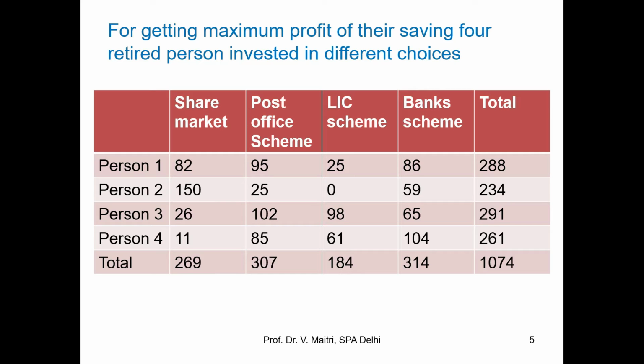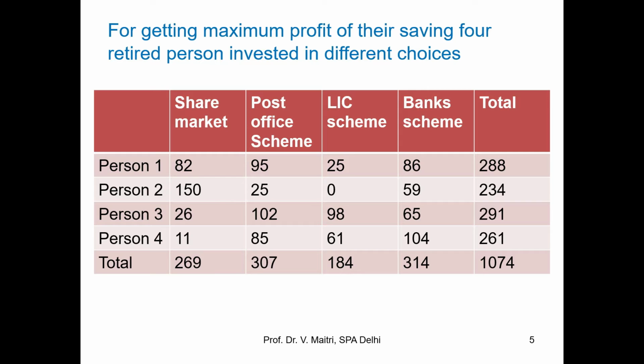So this data shows how these four people decided to invest their money in the four schemes, and each scheme has its own benefit, its own profit or its own losses. For example, the share market is a matter of chance.